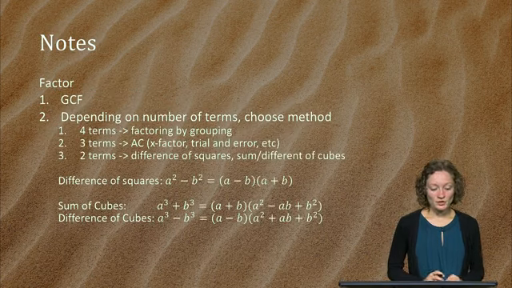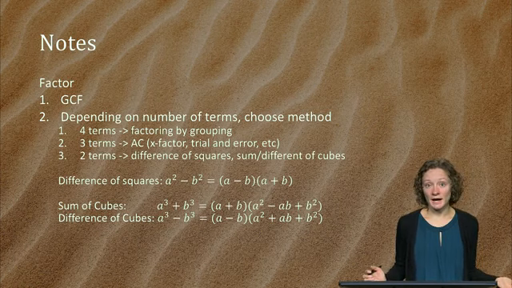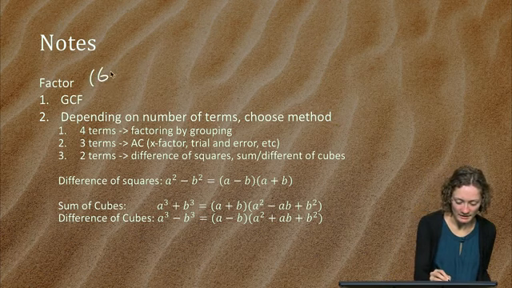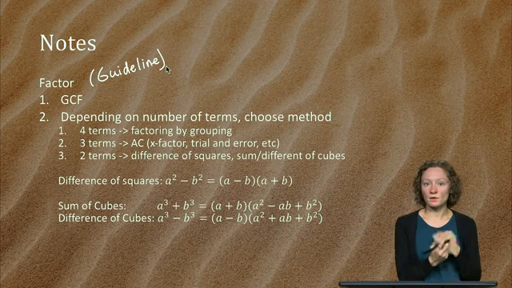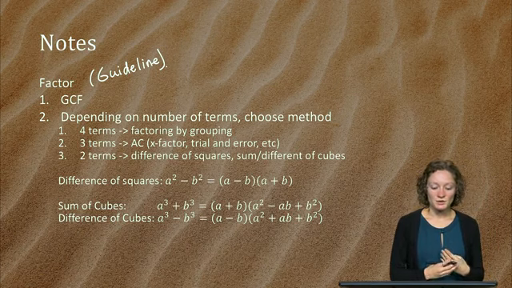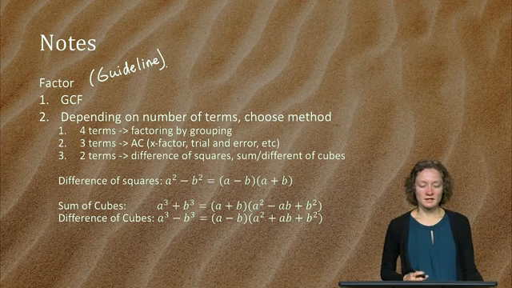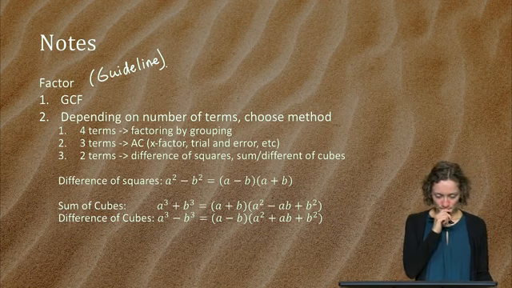Okay, so just kind of a reminder on a suggestion, a guideline you can use for factoring. This is a guideline. You most definitely do not have to follow this specific order for factoring, but if you need help with factoring, I would say this is one way to help you get better at it, is to be able to follow this method.